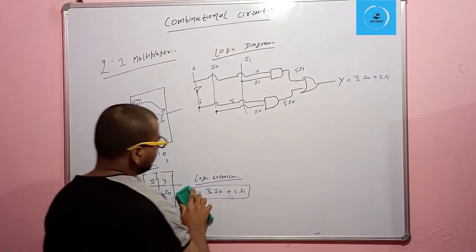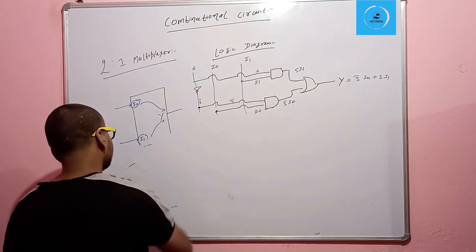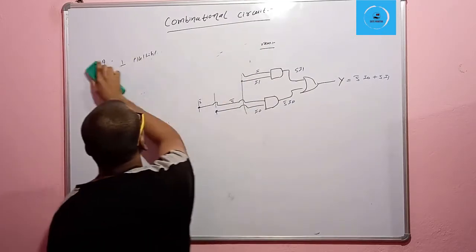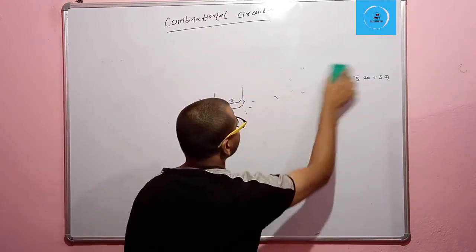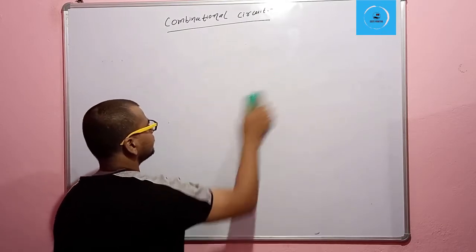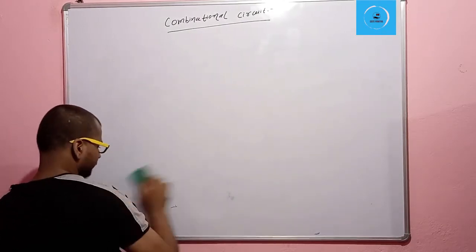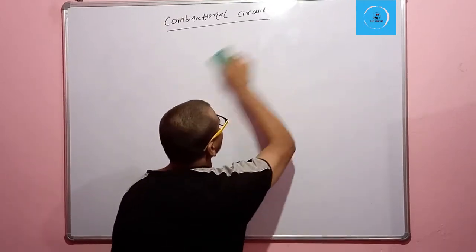Now we are going to see the 4-to-1 multiplexer.